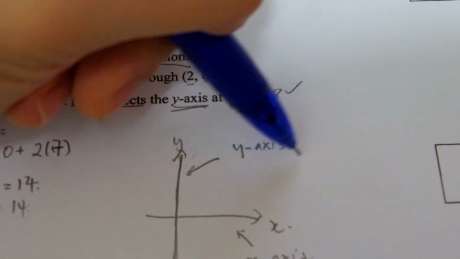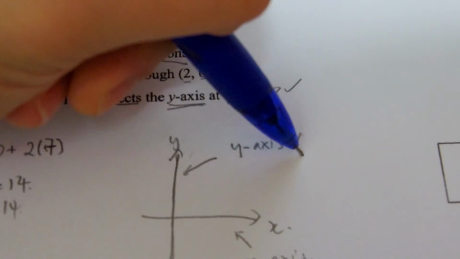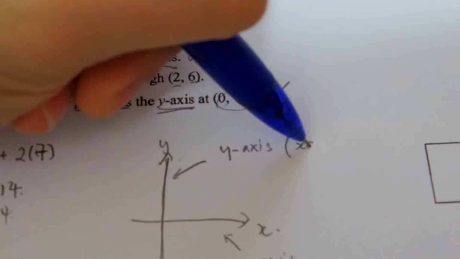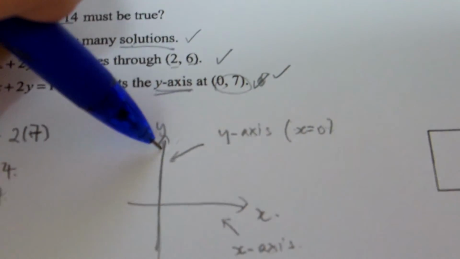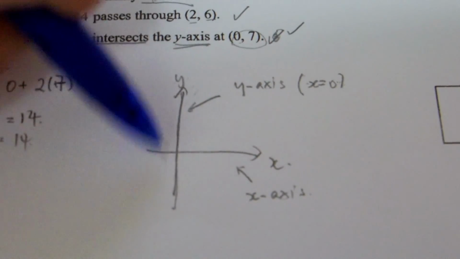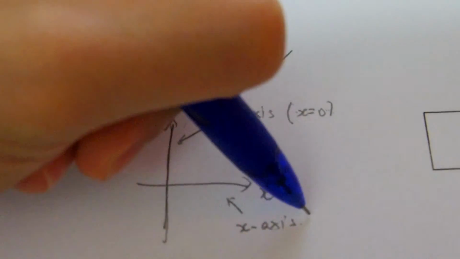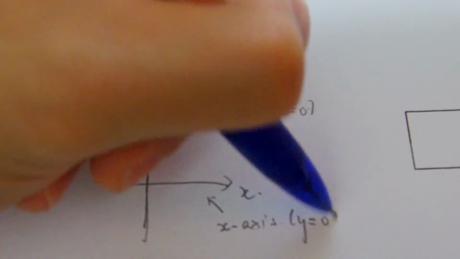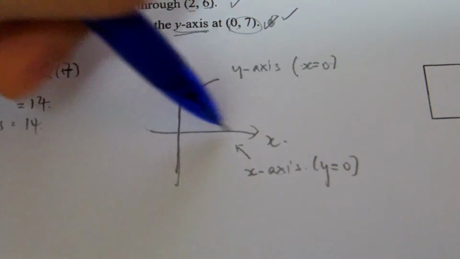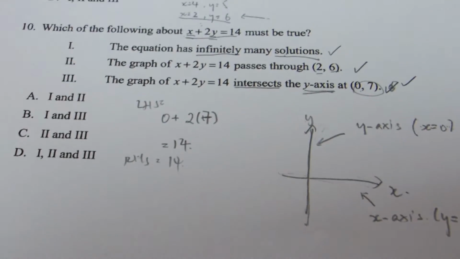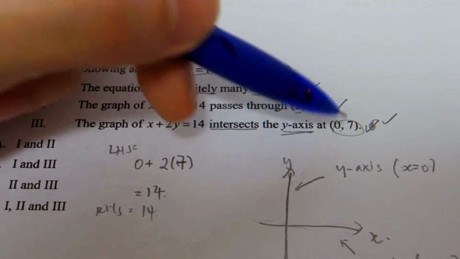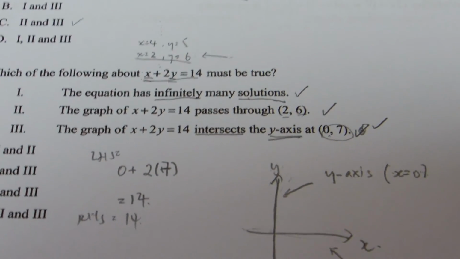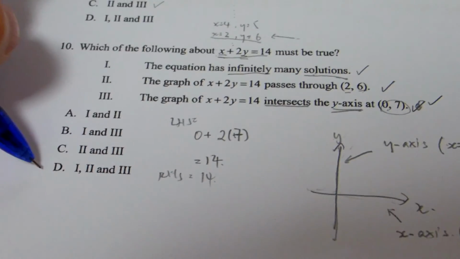A very interesting point is that the y-axis is the line where x equal to 0. It is a vertical line. While the x-axis is where y equal to 0, the horizontal line. Okay, which means that all of them are correct. So the answer should be D.